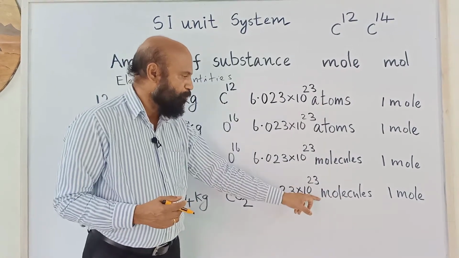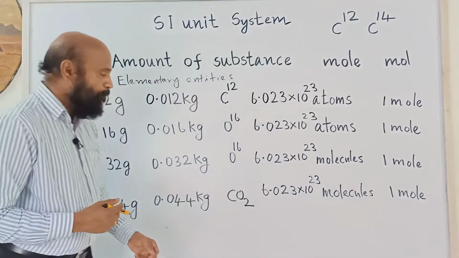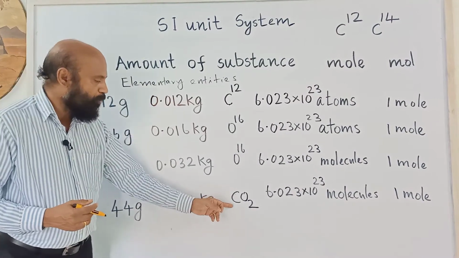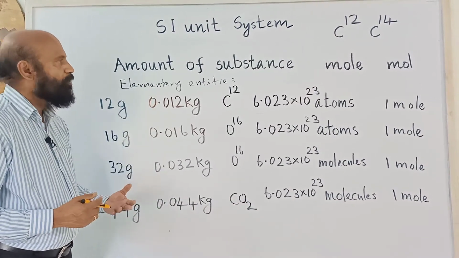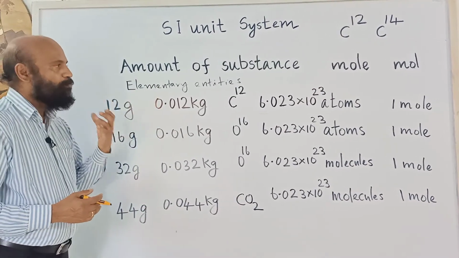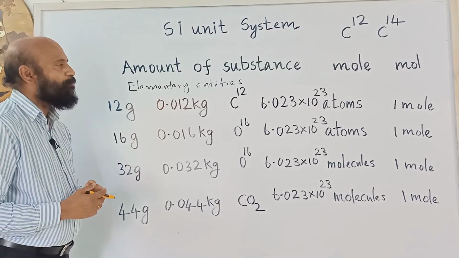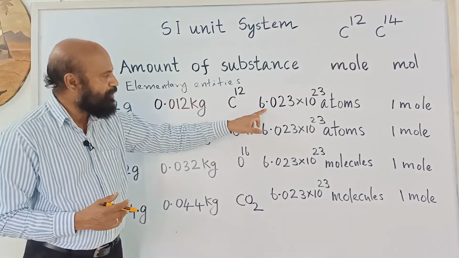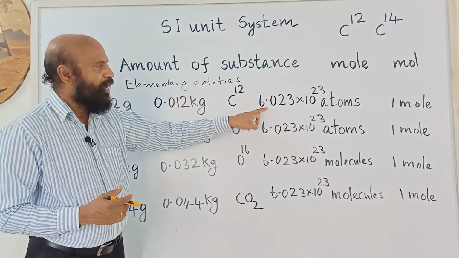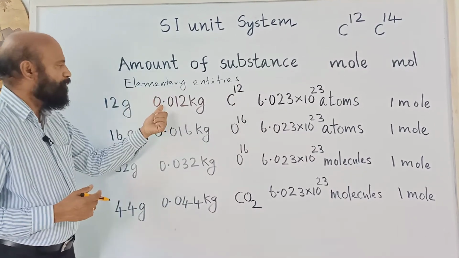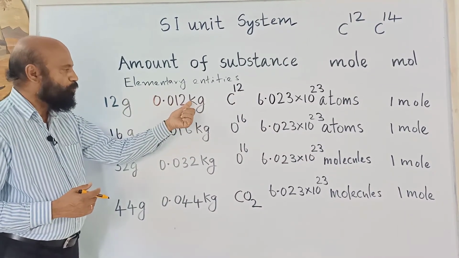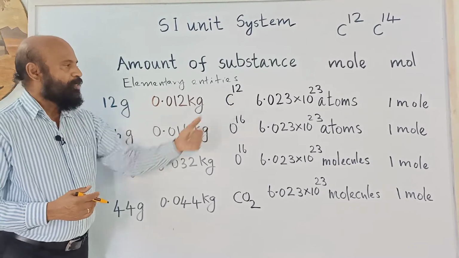Here atoms, here it is molecules. So this is called 1 mole of carbon dioxide molecules. So the 1 mole is defined as the amount of substance which contain as many elementary entities as there are atoms in 0.012 kilogram of carbon 12.